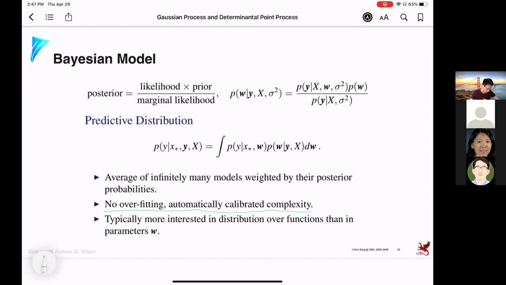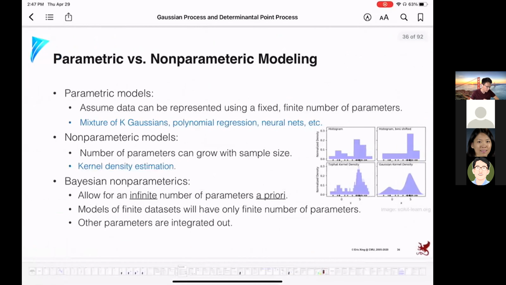So we get a distribution at the end, and typically this kind of distribution over the parameters provides more information and is more interesting than a single parameter estimate. This is the Bayesian model.